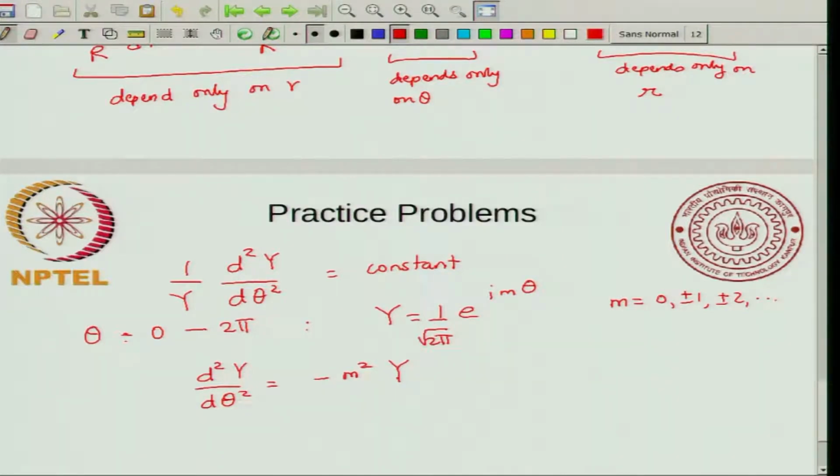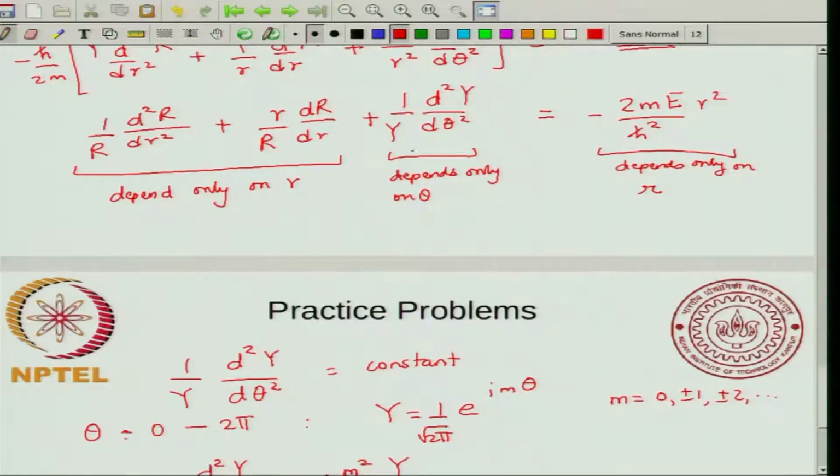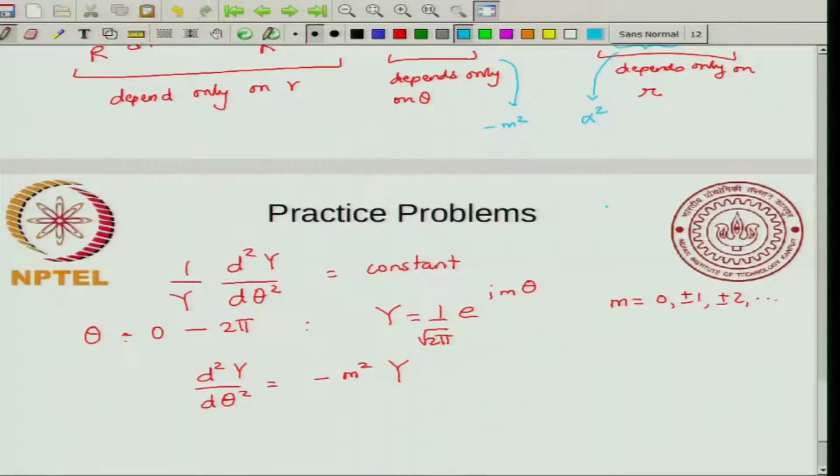So now you can take this and substitute in this equation, and you can replace this whole quantity by just minus m square. And for convenience let me just call this alpha square, it is a positive number. So then I can write my equation in the following form.